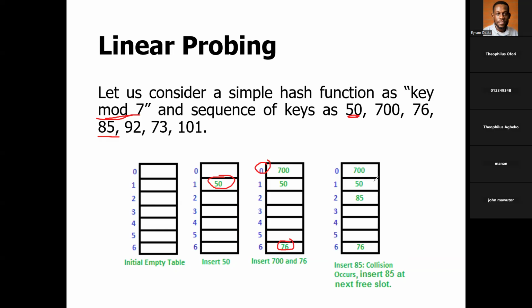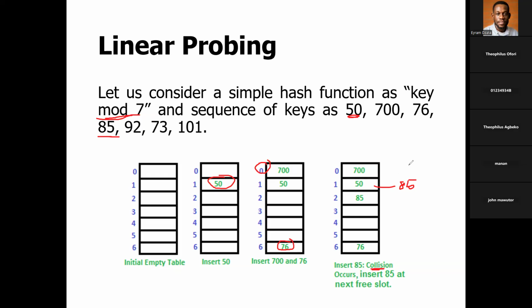That means we are supposed to store 85 here. However, there is a collision occurring. Okay, there's a collision here. So we need the next available slot.